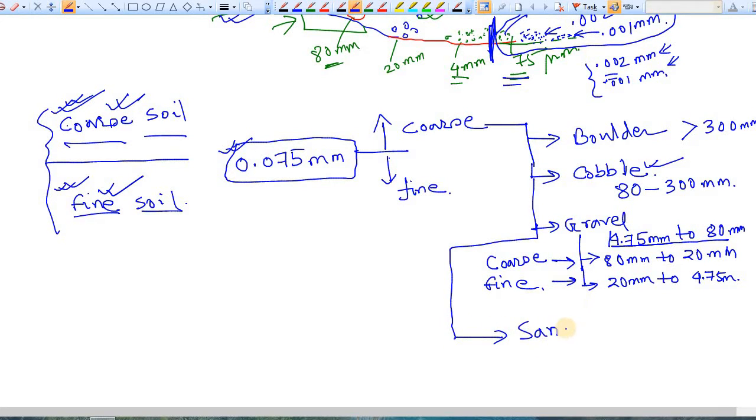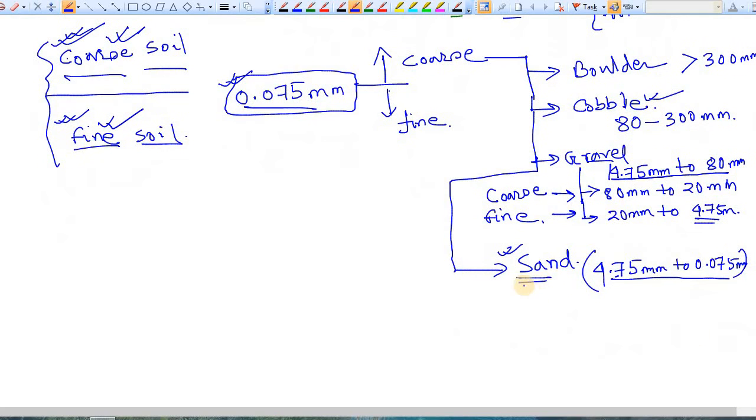What is the range for sand? The lower limit for sand is 0.075 mm, and the lower limit for gravel was 4.75 mm. So if your particle ranges between 4.75 mm and 0.075 mm, you call this particle of soil sand. Again, this range seems to be quite wide, so just like gravel, we subdivide it into three groups.